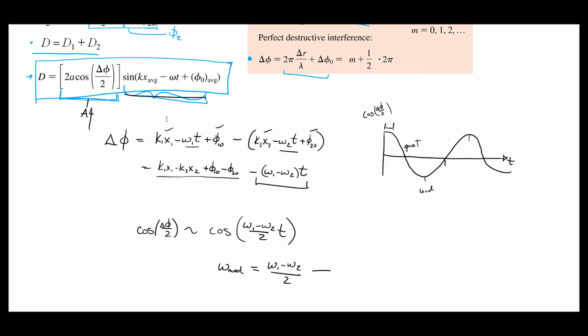Or if we wanted to do that in terms of frequency, we would divide by 2 pi, and the modulation frequency is just (f1 minus f2) over 2.